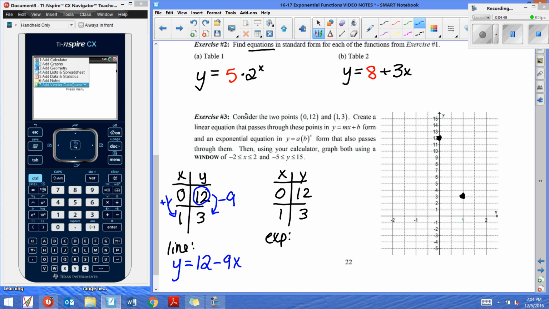With my exponential, remember it starts the same way. We will have a starting value at 12. It's still my y-intercept. However, I need to now figure out how did 12 become 3 in a different way. We are not dealing with subtraction, we are dealing with multiplication. Well, some of you might say 12 divided by 4 is 3, but I can't write it as dividing by. What's another way that I can write out dividing by 4?